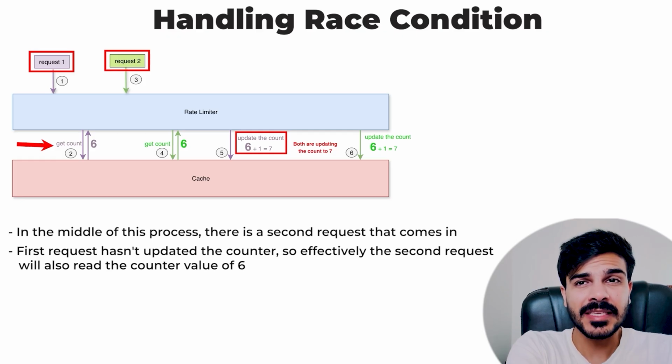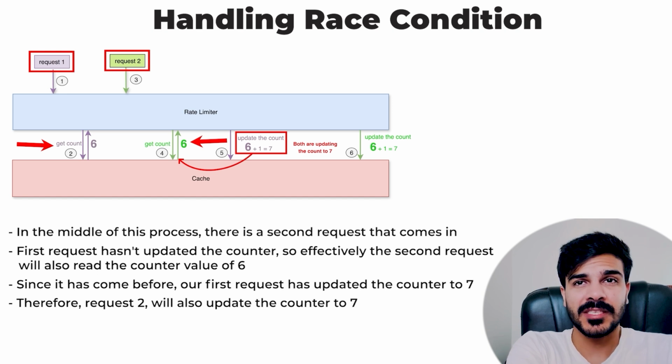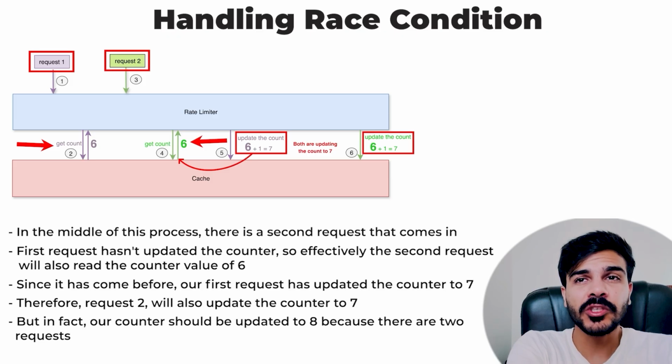So effectively, the second request will also read the counter value of 6 since it has come before our first request has updated the counter to 7. Therefore, this request, which is request 2, will also update the counter to 7. But in fact, our counter should be updated to 8 because there are two requests and therefore there should be two increments for that counter.